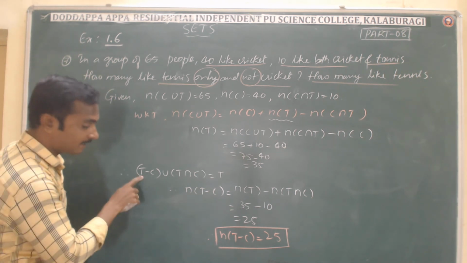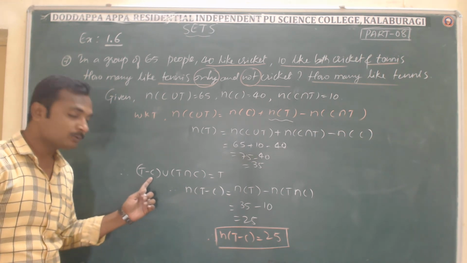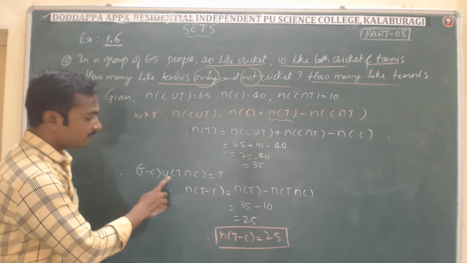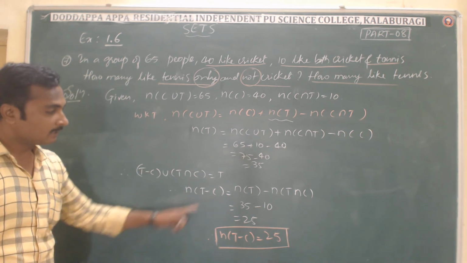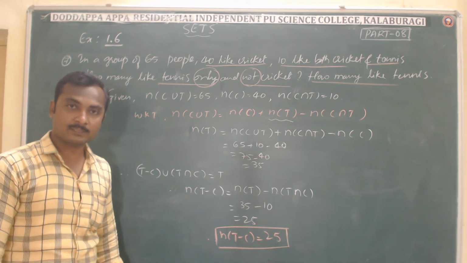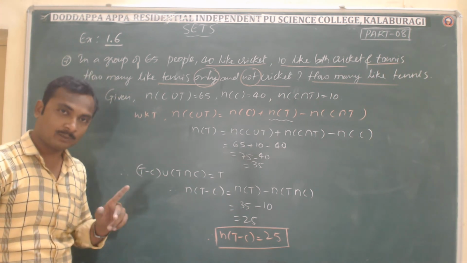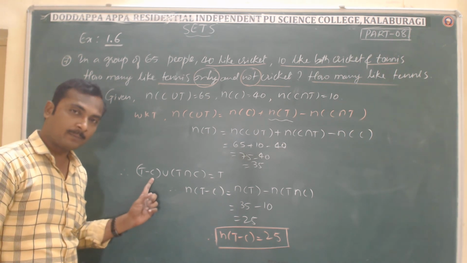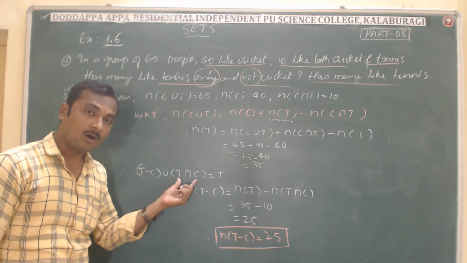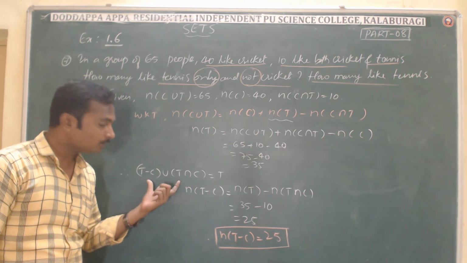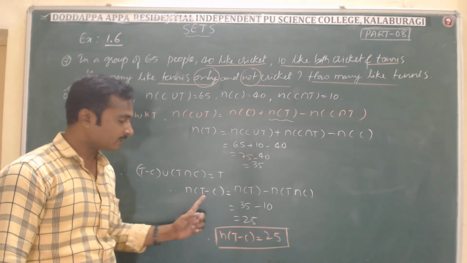It means T minus C. From the set of people who play tennis, if I remove the people who play cricket also, the common people who play cricket and tennis both, then I definitely get only the people who play tennis. Therefore, n of T minus C stands for only tennis but not cricket.